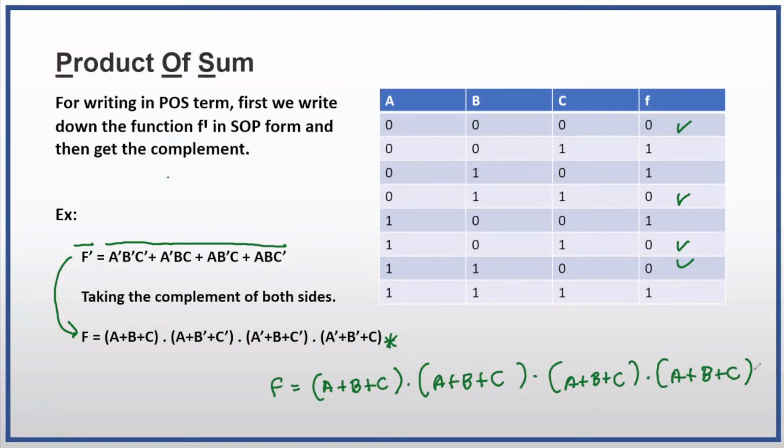Then what you have to do? If there are zeros, no matter. So for the first one, all are zero. So therefore A, B, C.